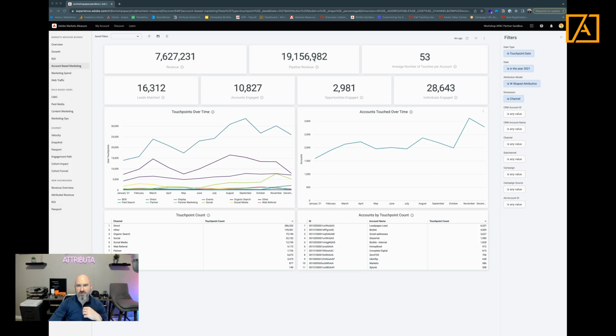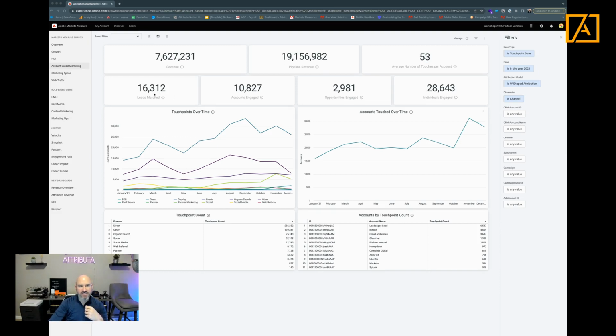Pipeline revenue is telling you how much pipeline is still open with these accounts. And this number here, this 53, is showing you the average number of touches per account during this time frame. So in this case, we have an average of 53 touches per account.